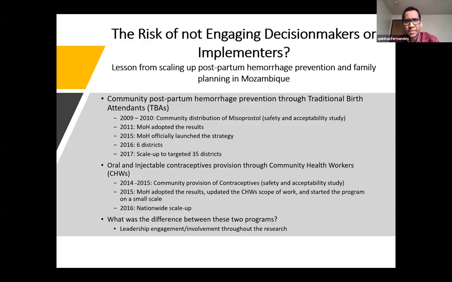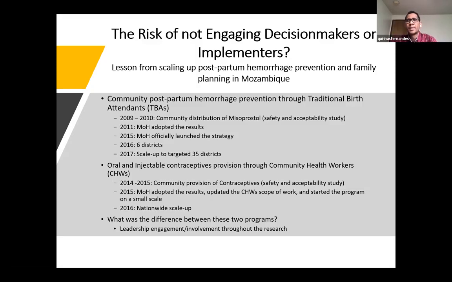After the misoprostol acceptability and safety study ended in 2010, it took almost 7 years to scale up the intervention to 35 priority districts. The Ministry of Health adopted the results in 2011, right after we ended the study, but only in 2017 we were able to achieve the 35 districts.